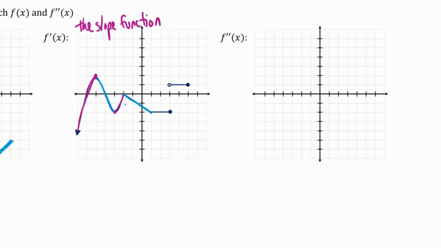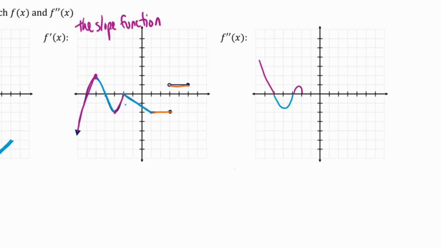And then we have a constant slope here and here. So the graph is going to look like this. F double prime will be positive from negative infinity until negative 5. Then it's going to be negative until negative 3. And then it's going to be positive until negative 2.